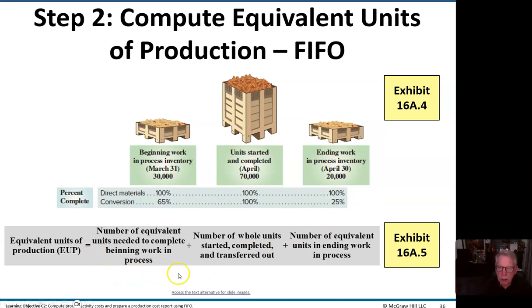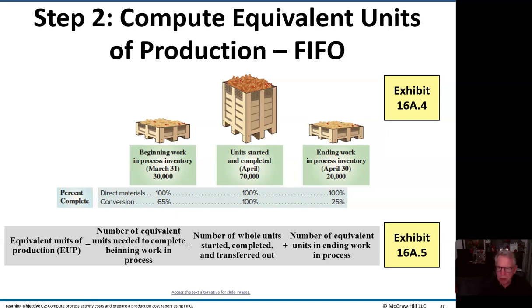So our equivalent units of production is going to be the number of equivalent units needed to complete beginning work in process, plus the number of whole units started and completed and transferred out, plus the number of equivalent units in ending work in process. Okay, that is a little bit different. So be sure you think that through, how that's working for FIFO.